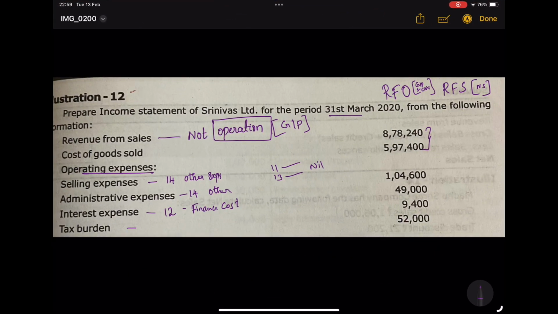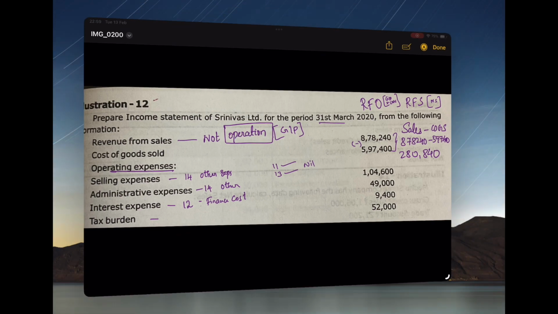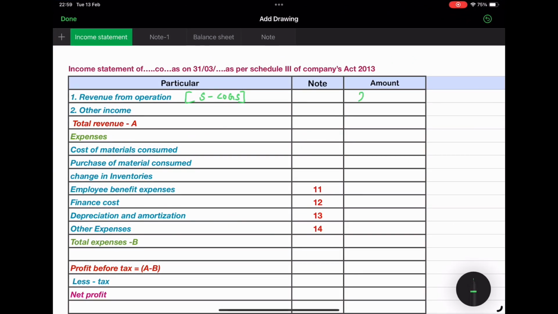Here, sales minus cost of goods sold: 8,78,240 minus 5,97,400. If you subtract it, the answer will be 2,80,840. So subtracting these values, the answer is 2,80,840.